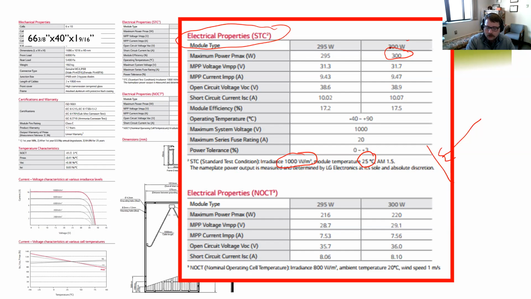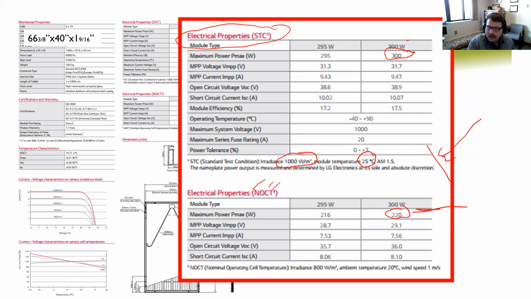And so a closer estimate is under nominal operating cell temperature. I don't remember what the O stands for in that case, but nominal operating cell temperature. And so 220 is about what that is rated. Now, when we see a solar panel, we almost never get to find this number unless we pull the spec sheet.